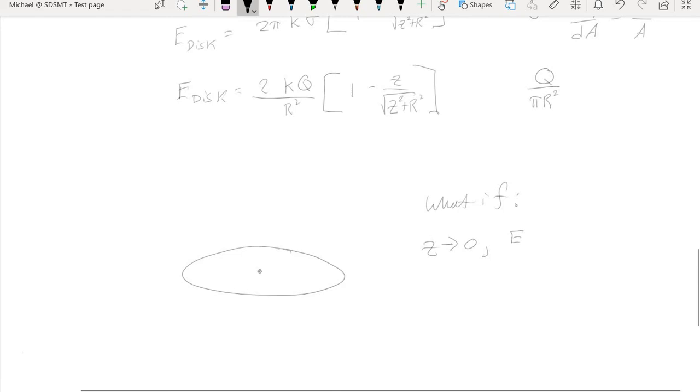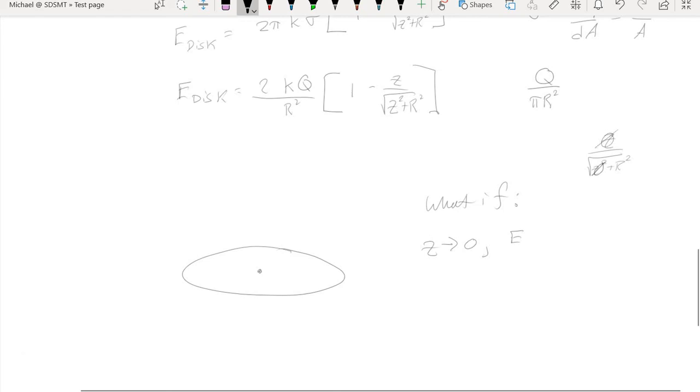Well, if I let z go to 0, then I just get R squared in the denominator, which is okay.